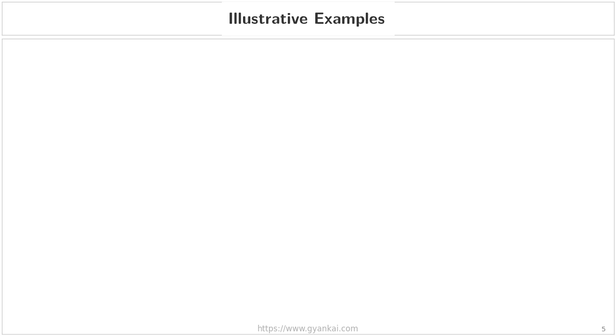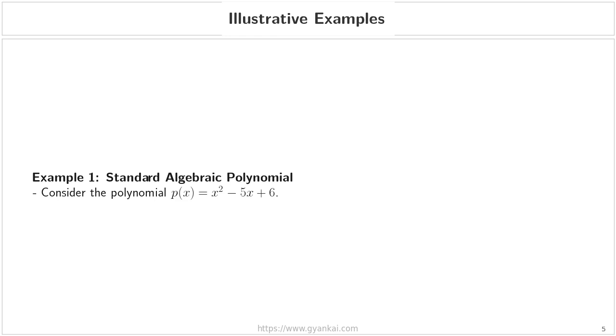Illustrative examples. Now that we have understood the theoretical formulas for the sum and product of zeros, let's put them into practice with our first illustrative example. We will look at a standard algebraic polynomial, p of x, which is equal to x squared minus 5x plus 6.